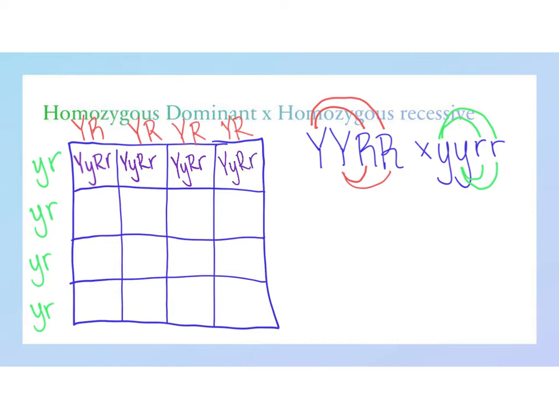Now I'm going to start the second row, capital Y, lowercase y, capital R, lowercase r. If you're starting to see a trend, they're all going to end up being the same because the alleles in each square are the same. So every single one of these is going to be a capital Y, a lowercase y, a capital R, a lowercase r.